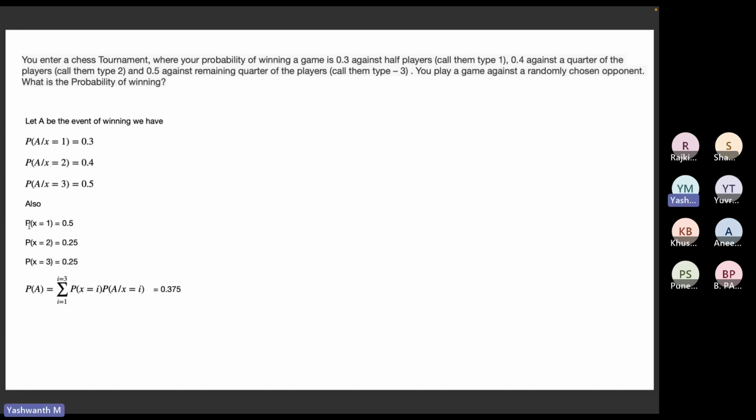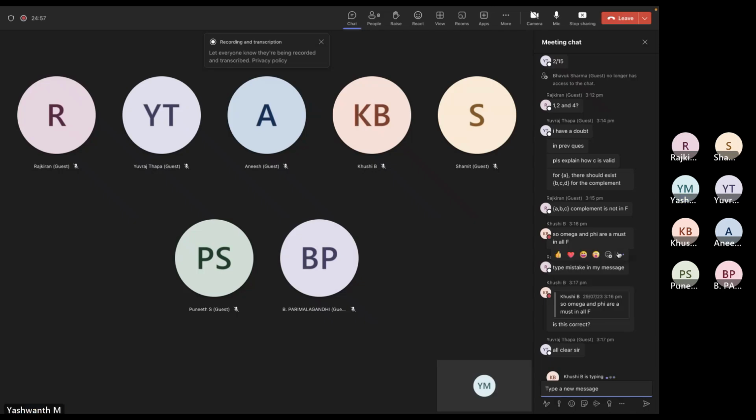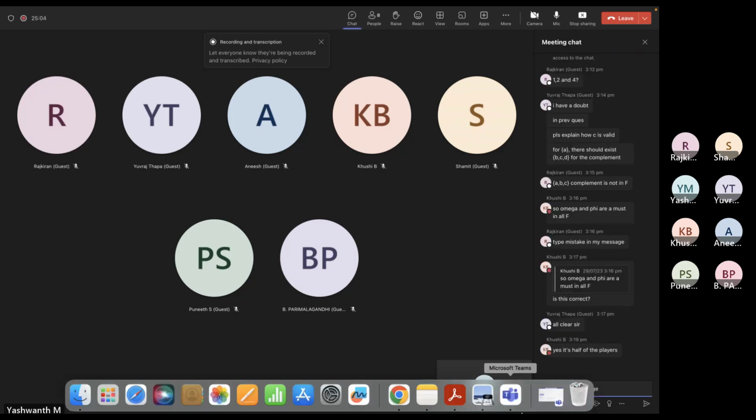And what is the probability of choosing a player of type 1? I have written it as 0.5. Does anyone understand why I have written it as 0.5? You can speak or type in the chat box. That's because it's half the players.